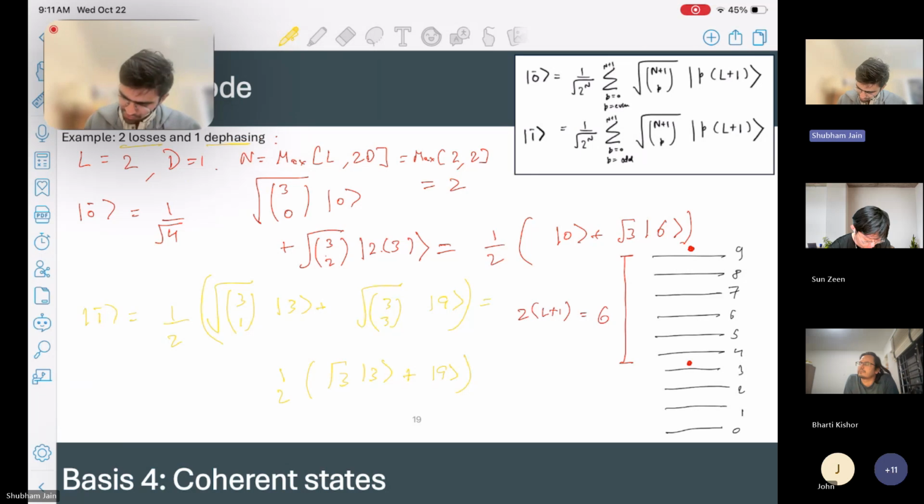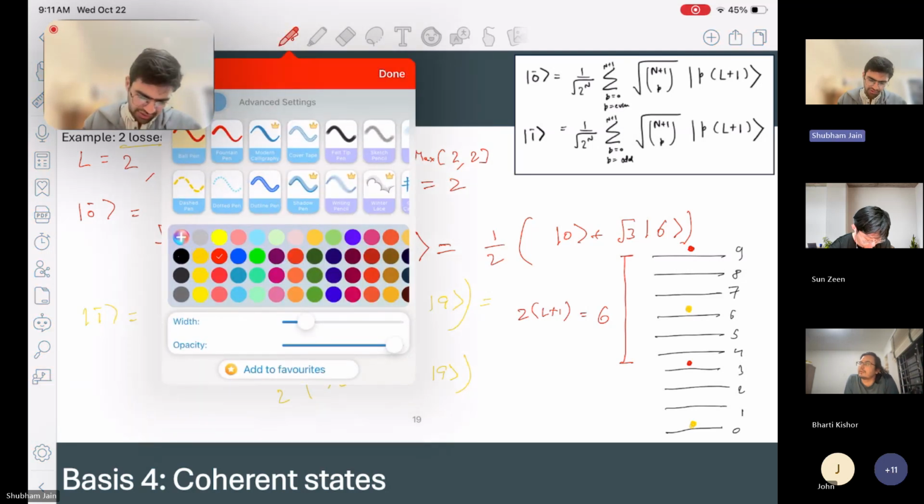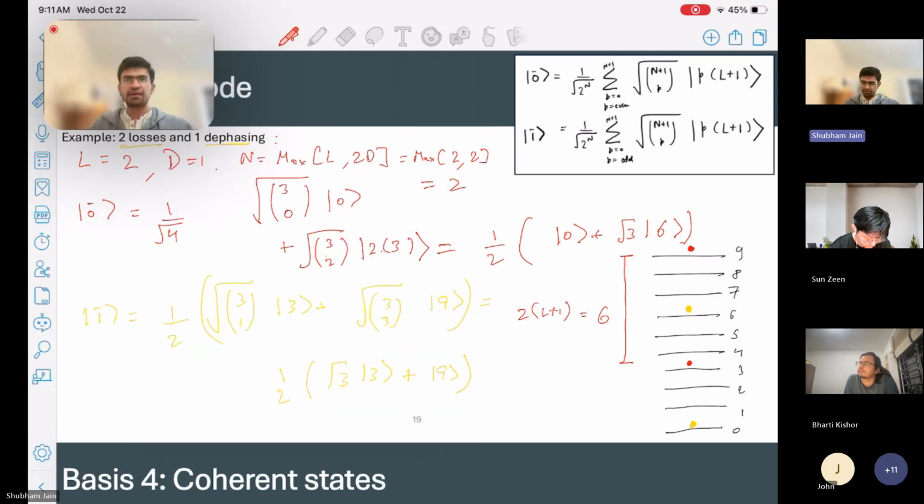Then the other logical state 1 is the superposition of the 3rd and 9th states. It's also intuitive to see how it can correct up to 2 losses, because one loss will bring it here and another will bring it here, and it still doesn't overlap with the other logical state. So the number of losses you want to correct dictates how spaced apart these Fock numbers need to be. If you wanted to correct more loss errors, you would separate them even more, of course.